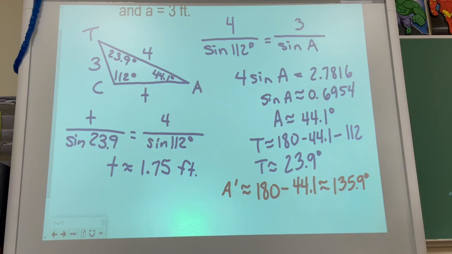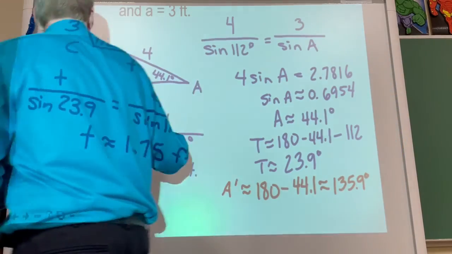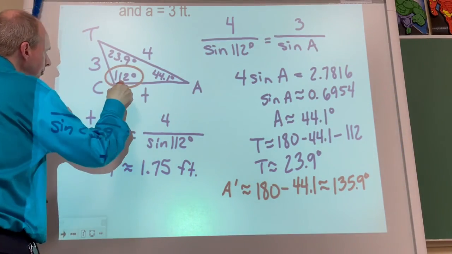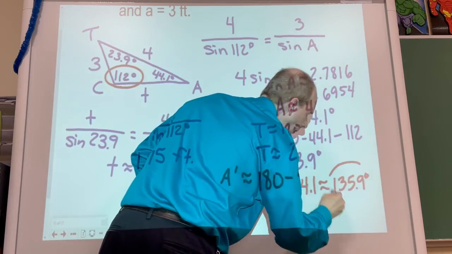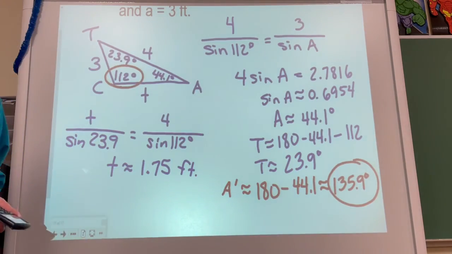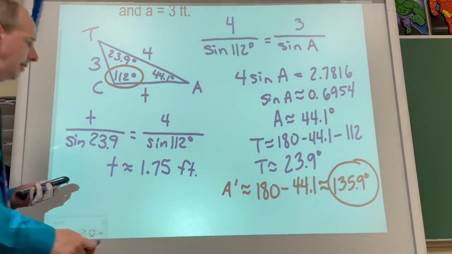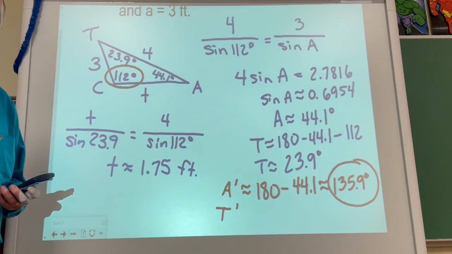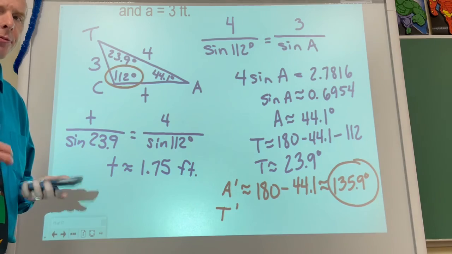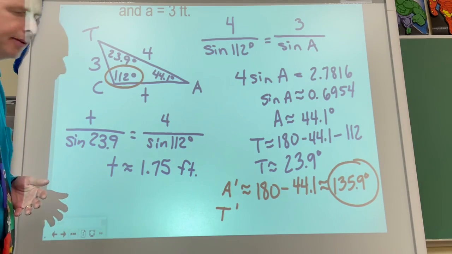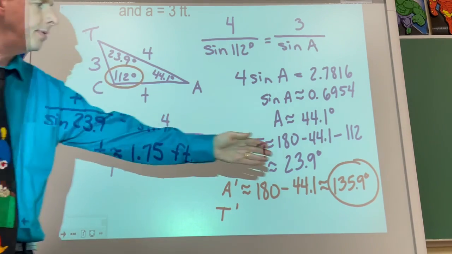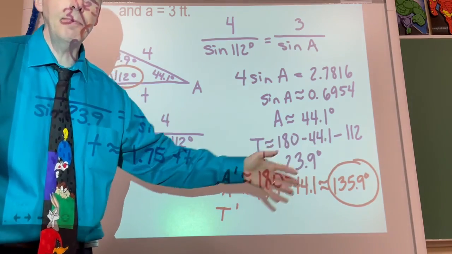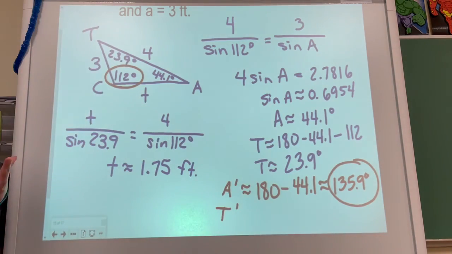So that means I would have a triangle that has an angle of 112, 135.9, and don't forget there's a T prime. Is there a problem with that? 112 plus 135.9 plus something else has to equal 180.